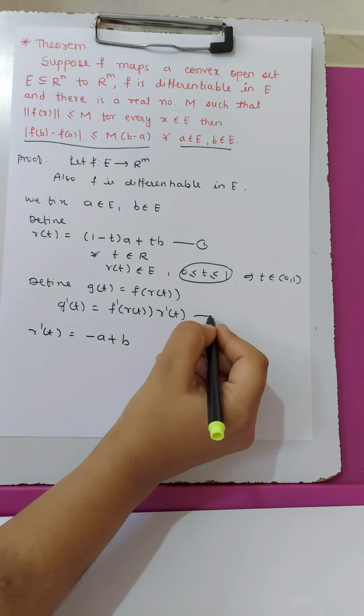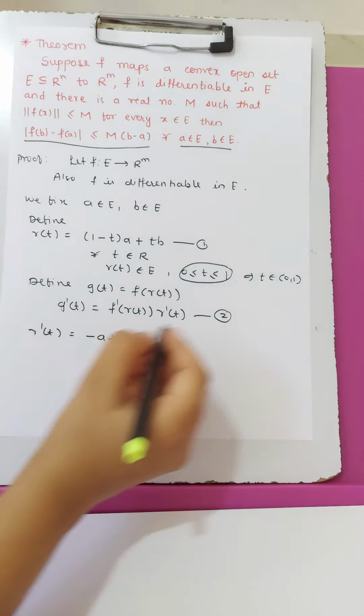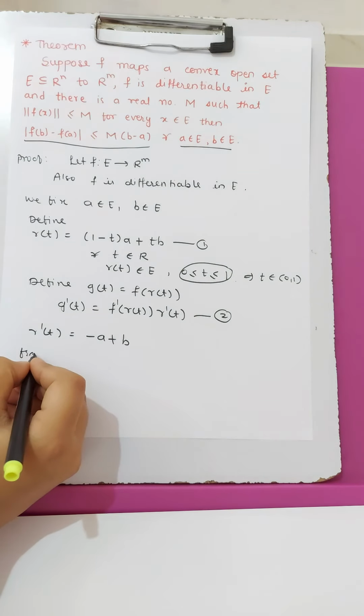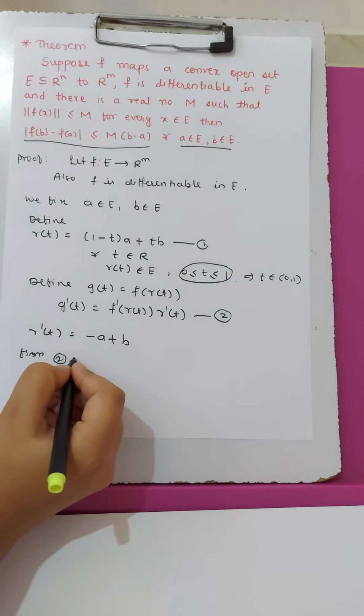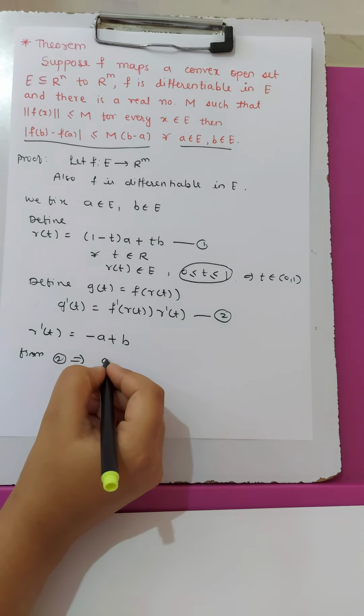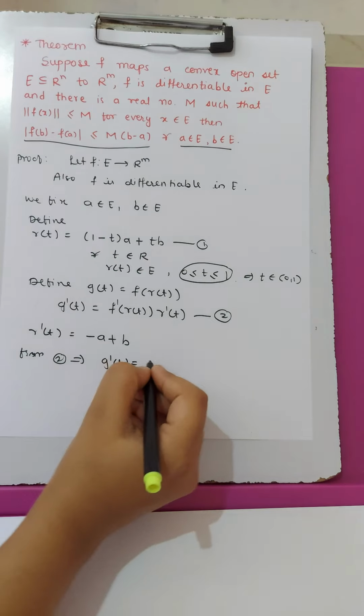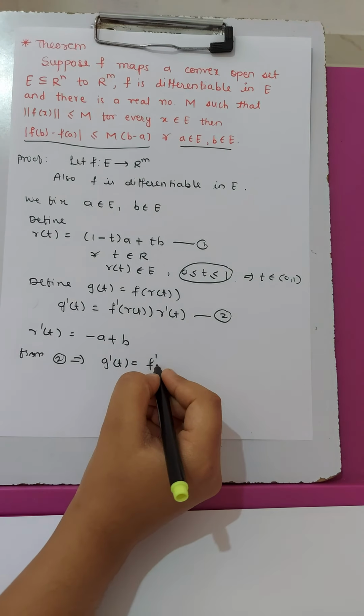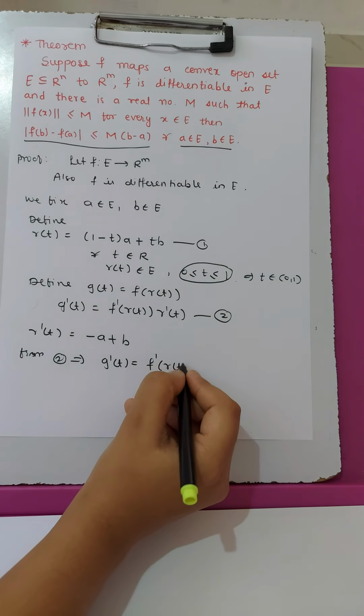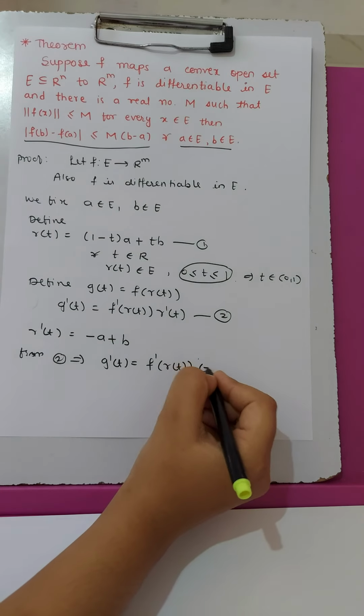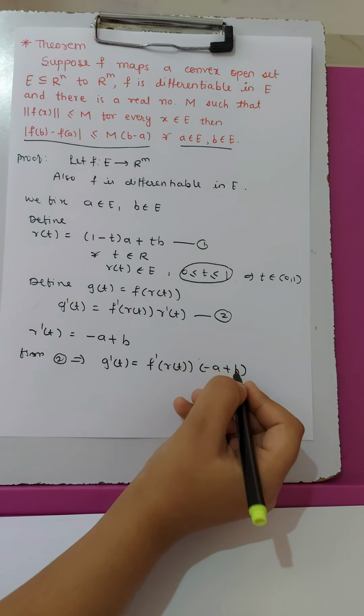Let it be number 2. So from 2, this implies that g'(t) is equal to f'(gamma(t)) times gamma'(t), which is minus a plus b.